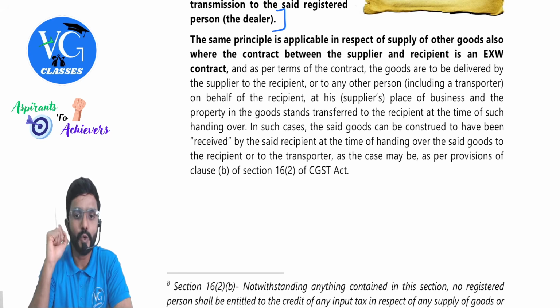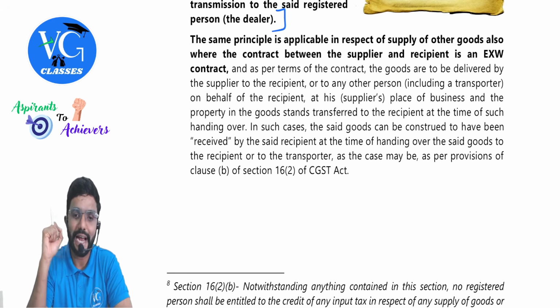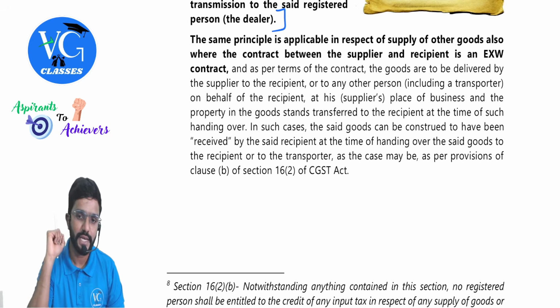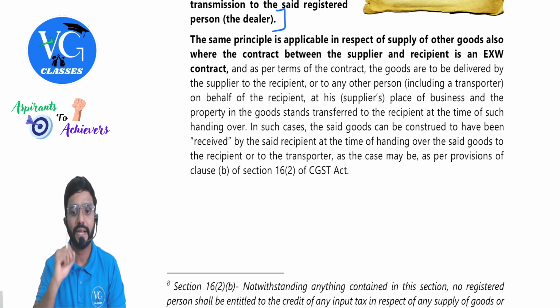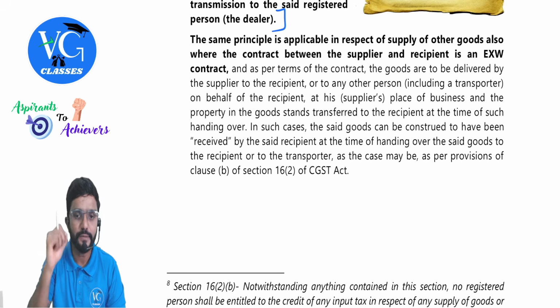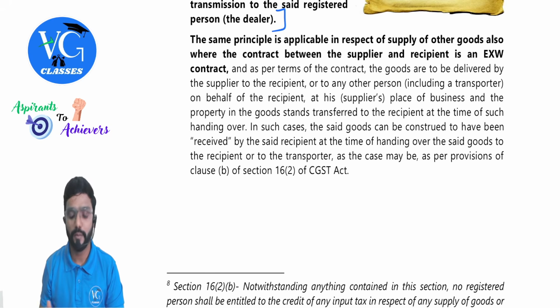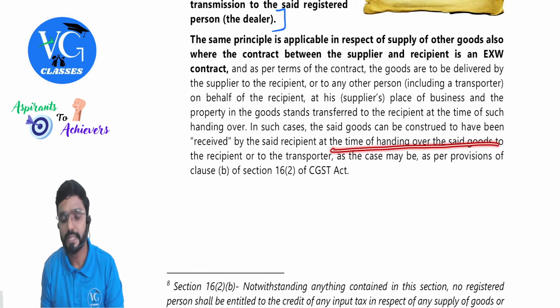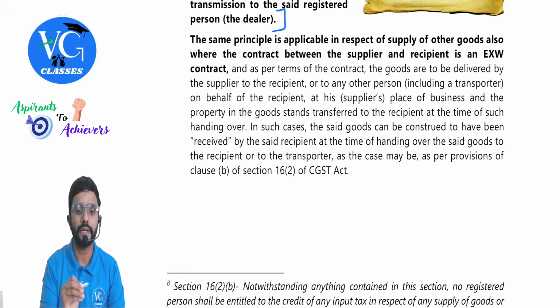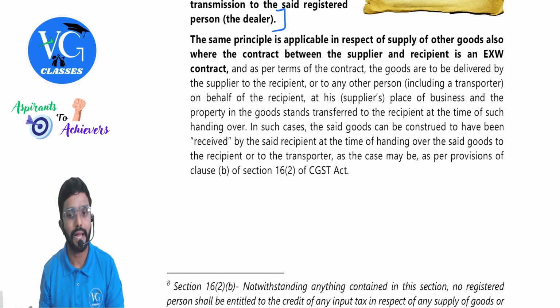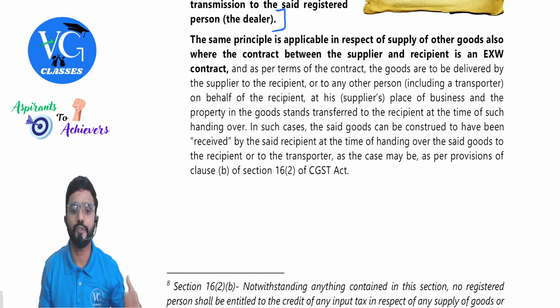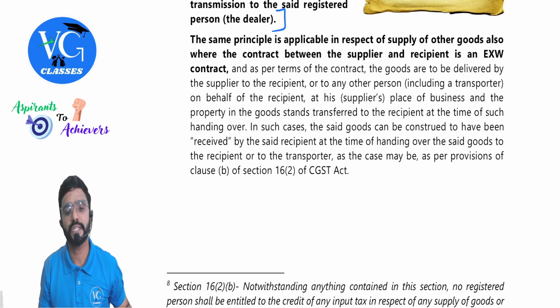And the property in the goods stands transferred to the recipient at the time of such handing over. In such cases, the said goods can be construed to have been received by the said recipient at the time of handing over the said goods to the recipient or to the transporter, as the case may be, as per the provisions of clause (b) of section 16(2) of the CGST Act.